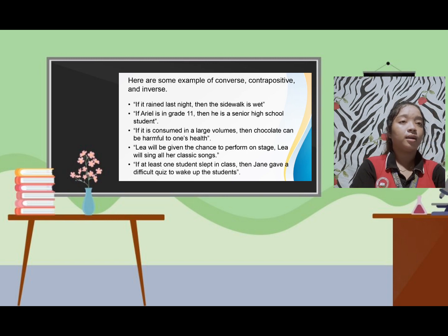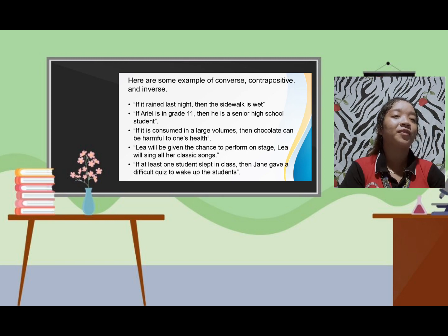To find the converse of this statement, we need to write first the Q and then implies P. So our converse is: if Ariel is a senior high school student, then he is in grade 11.